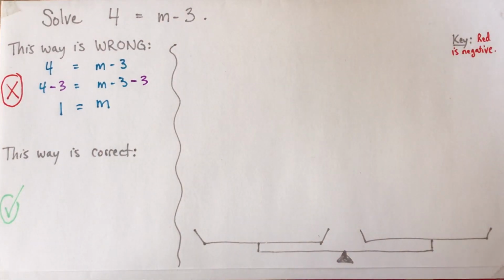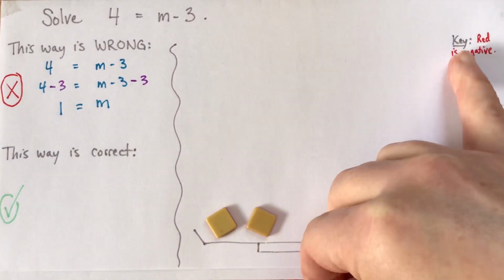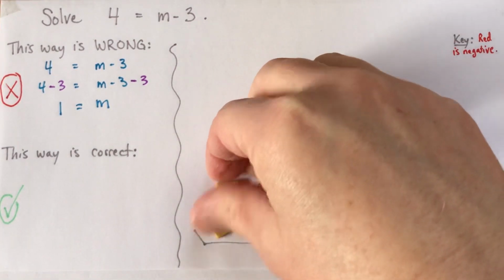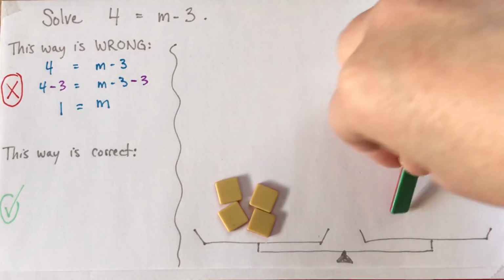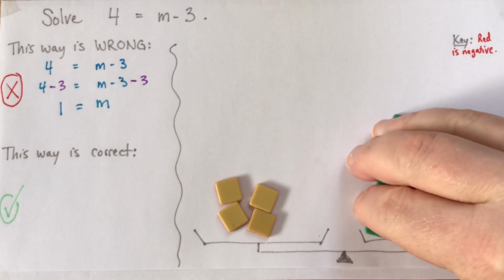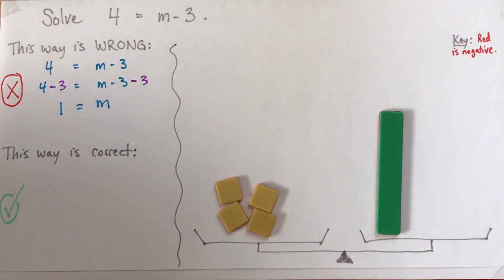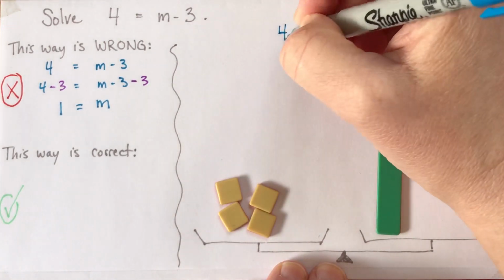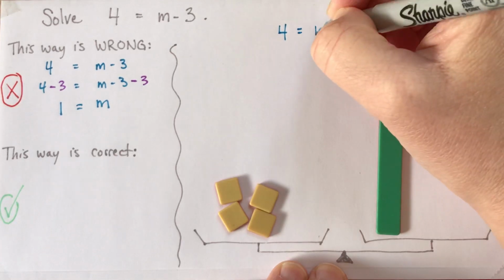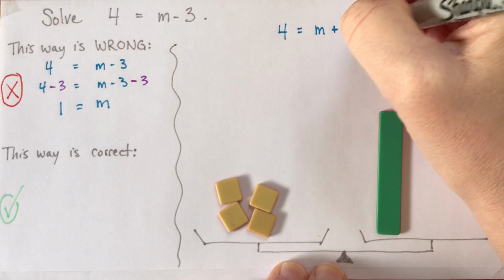So let's look at algebra tiles to understand what's going on here. We have 4. I'm using red as negative, which I made a little note of up here. So 4 positive is equal to m, so there's my variable. And take away 3, we can write this as 4 equals m plus negative 3.